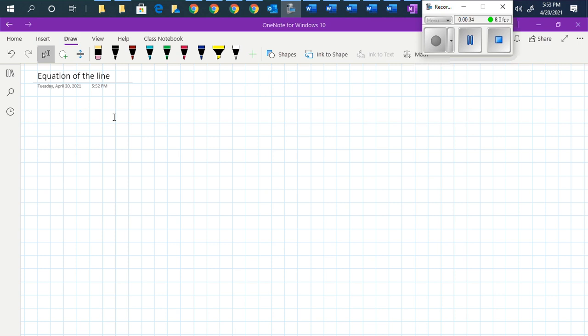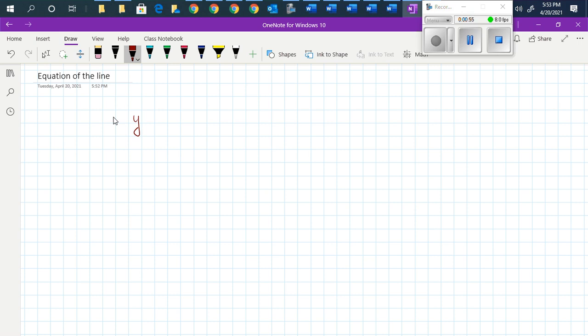In science, and specifically in physics, we work with the equation of the line, that is, a straight line. The equation of the straight line has several forms, like slope-intercept form, point form, slope-point form, and a general form.